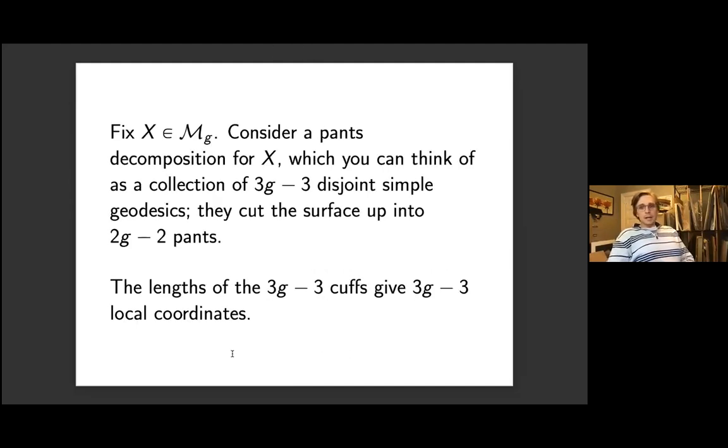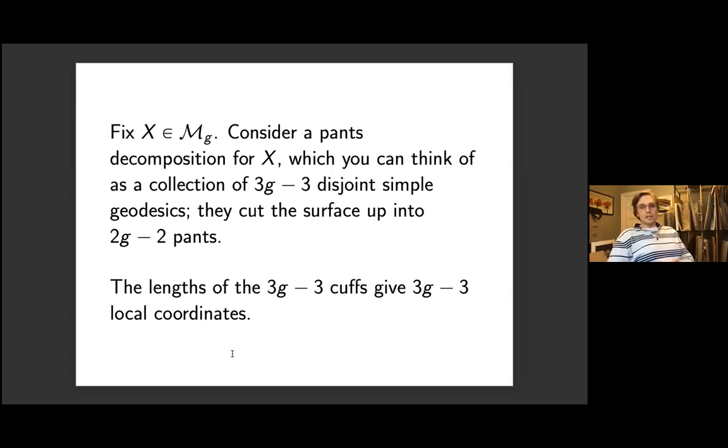And this brings us back again to pants. So let's say I fix a point in M_G, which in other words means I fix a hyperbolic genus G surface X. And I want to produce local coordinates near this point for the moduli space of hyperbolic surfaces. So let me consider a pants decomposition, which you can think of in different ways.